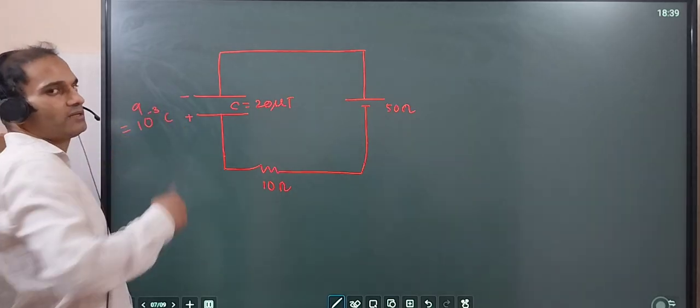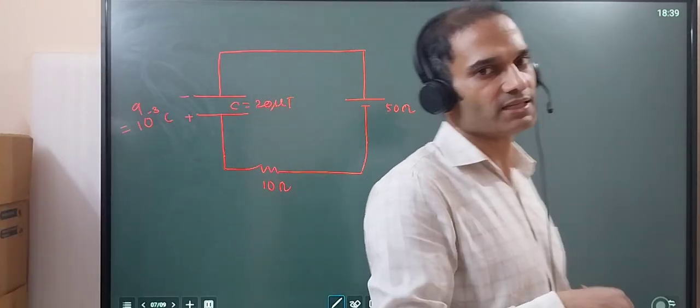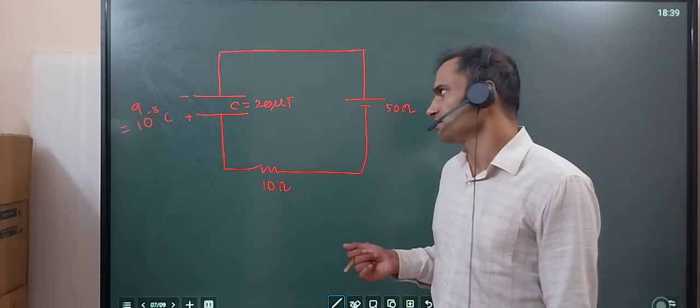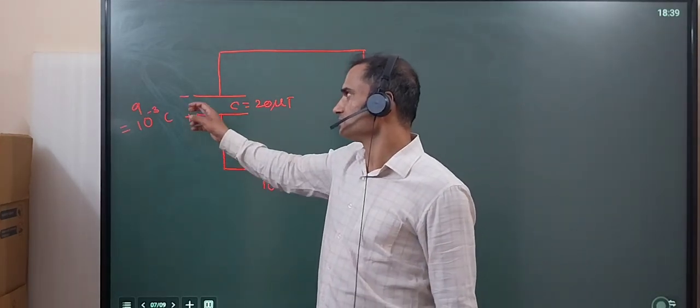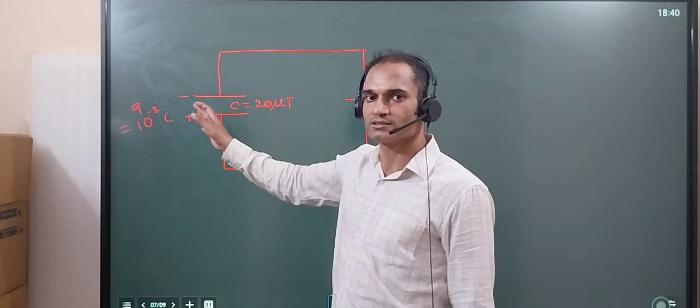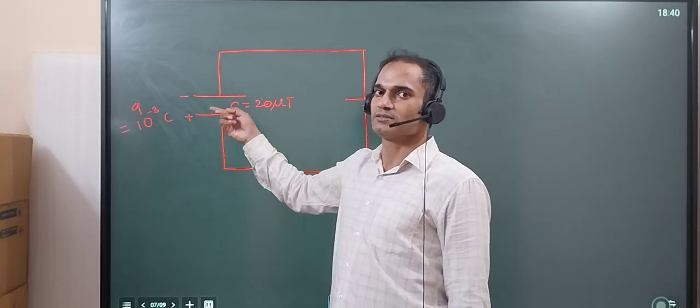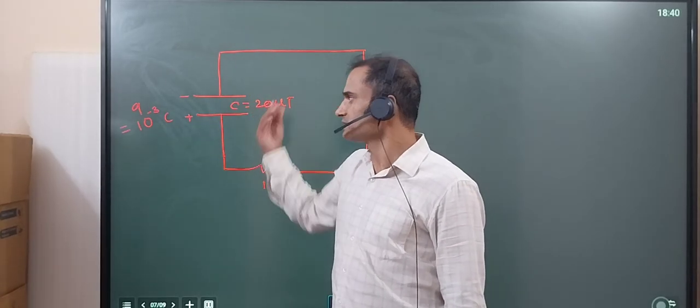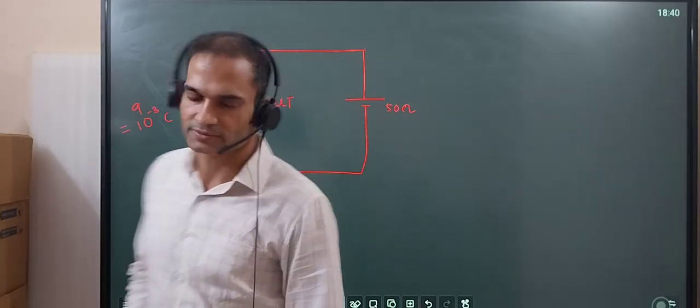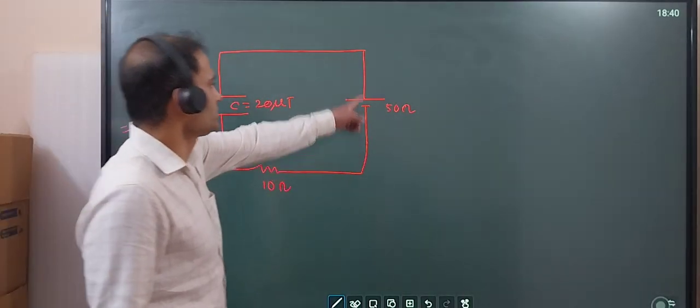I am not writing the minus sign, the reason is that I have already shown the direction of charge, I mean which plate is positive and which plate is negative. So let us go this way.